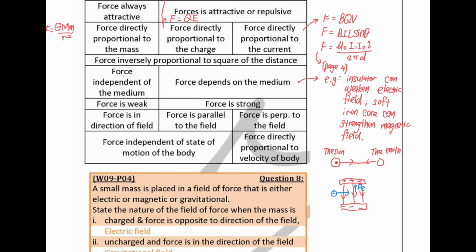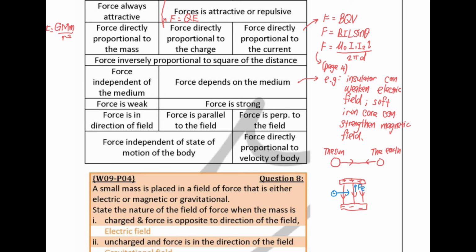Not like this one, which is always the same direction. If the gravitational field is to the earth, then the force is to the right. If the earth experiences attraction force to the sun, then the gravitational field is this way, and the gravitational force is this way also.